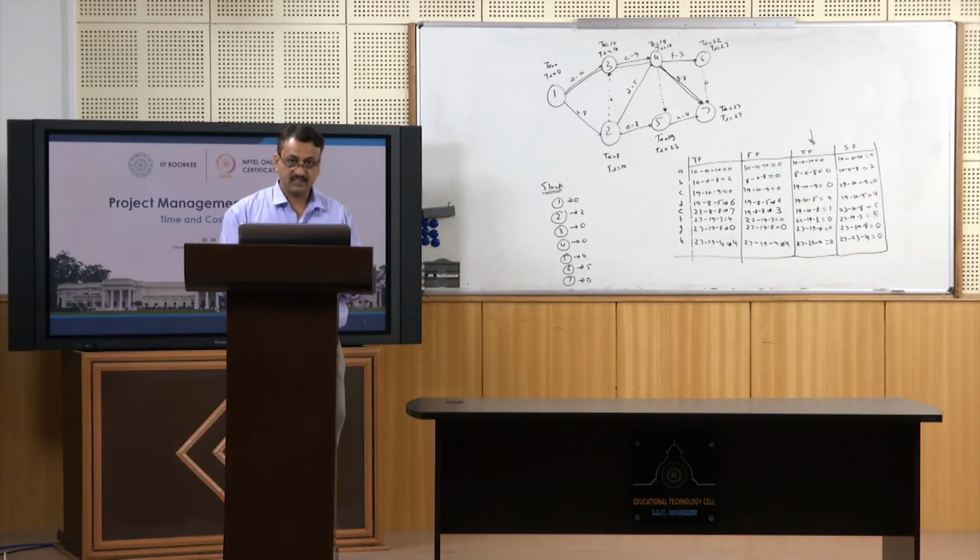Let us say in a project there are 3 preceding activities and 1 succeeding activity. It is possible that you have started all the preceding activities, and after 1 week of starting those 3 preceding activities, you start the succeeding activity. It is possible, right?